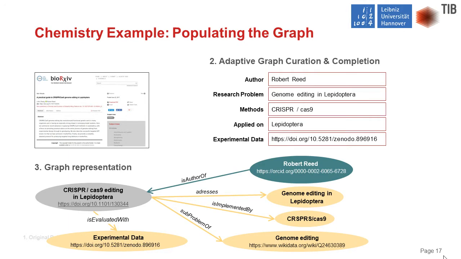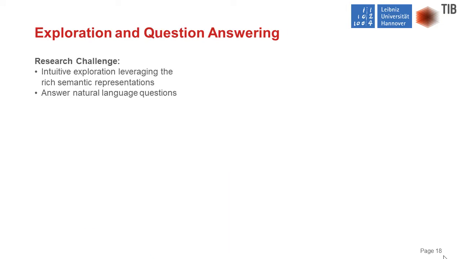And once we create such a knowledge graph, we can integrate many of these small snippets of descriptions of research approaches, and use this knowledge base for assisting users, researchers in answering questions and exploring the graph.